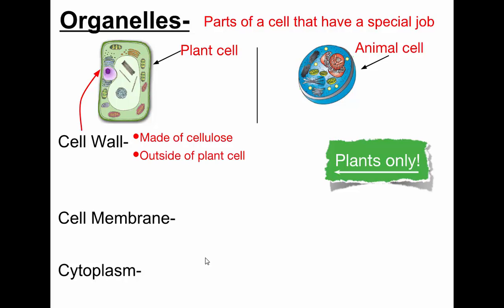And it's on the outside of the plant cell. It helps to support the plant cell and protect it. But it's really non-living. It's just like a shell around the living parts of the cell. Everything inside is living and moving and alive, but that outer shell is not.